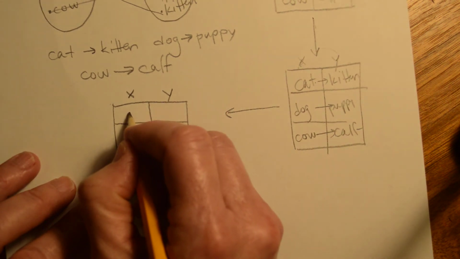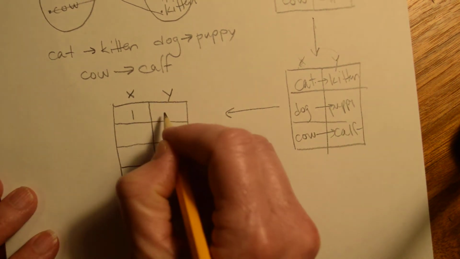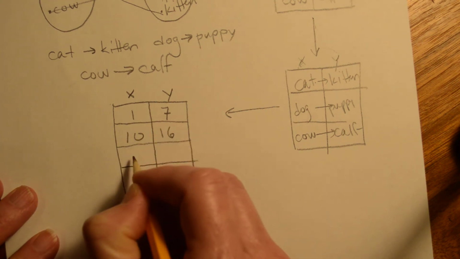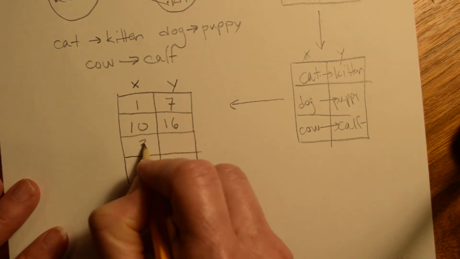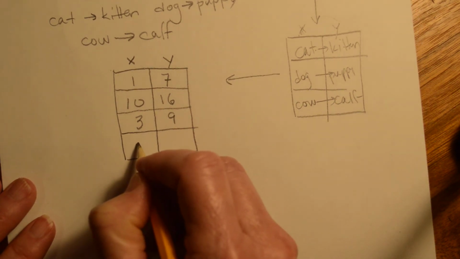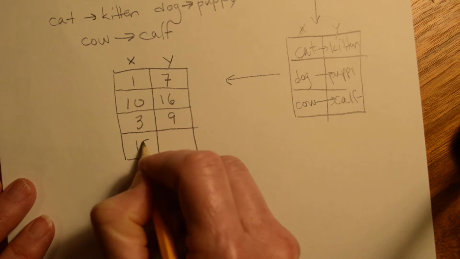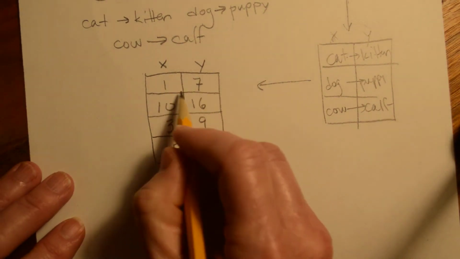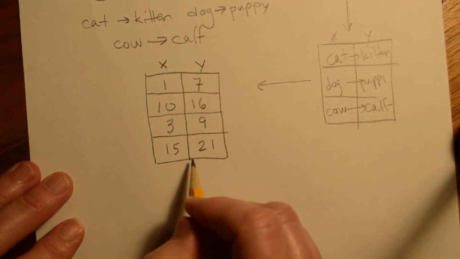This might be something like 1 and 7, 10 and 16, 3 and 9, and 15 and 21. All right, so it's asking, what is the pattern? What's the relationship, or what's the rule?